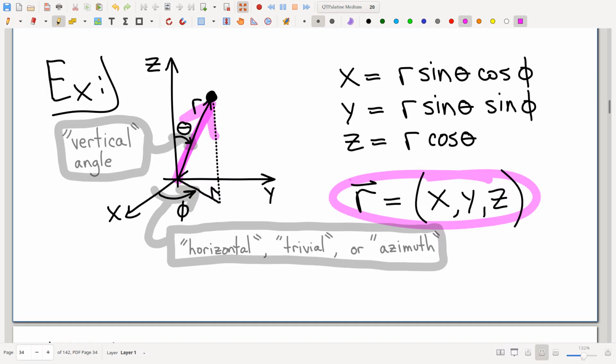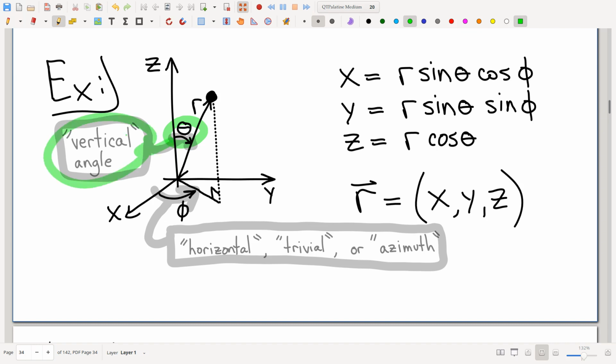Right? Okay. And then here's the one that's super frustrating for me: what our book uses phi to represent, the standard physics convention is to call theta. And what our book calls theta, the standard physics convention is to call phi.